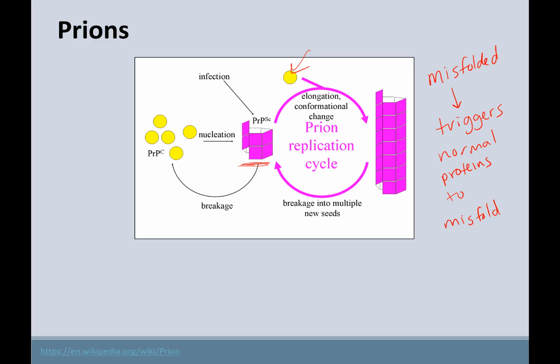And it's like a domino effect. So they keep misfolding and misfolding, and what happens is, you can see, instead of being separate proteins over here in yellow, they start to aggregate or clump up. And what happens is then they start to glob up the cell, and eventually the cell dies.